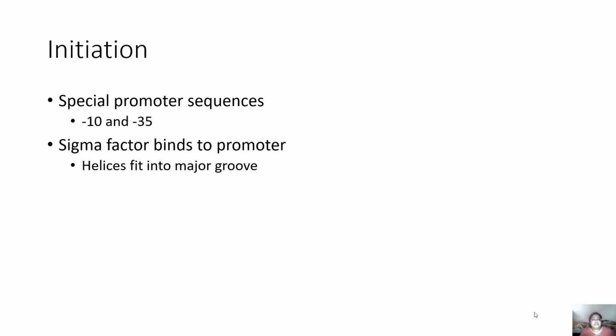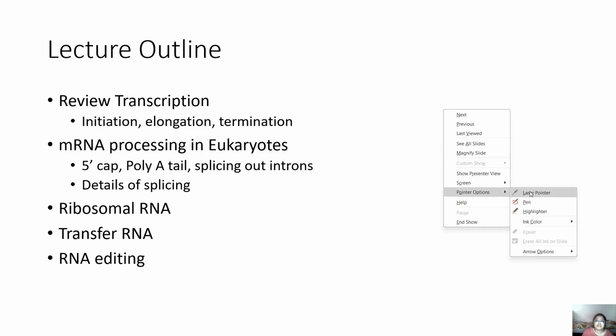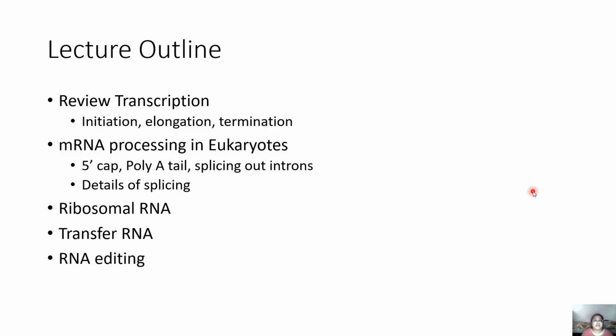basically we know that the process of transcription requires a lot of processes like initiation, elongation, termination, etc. And there is a separate segment we call mRNA processing in eukaryotes, which involves a 5' cap, a poly A tail, splicing out introns, and all of that.